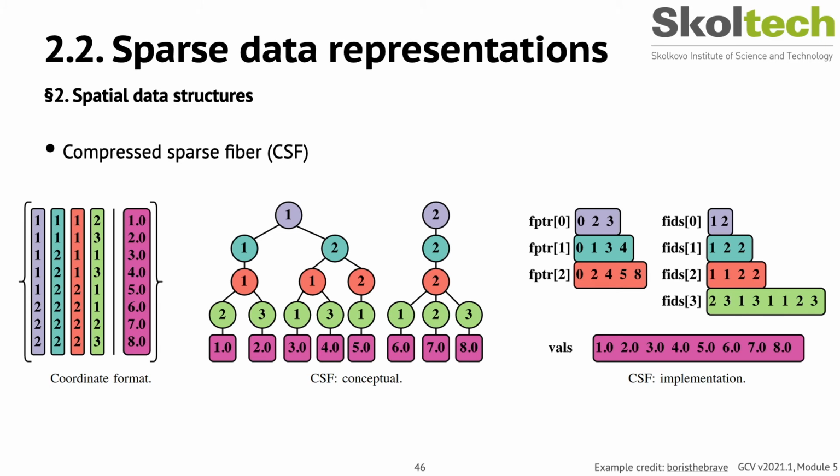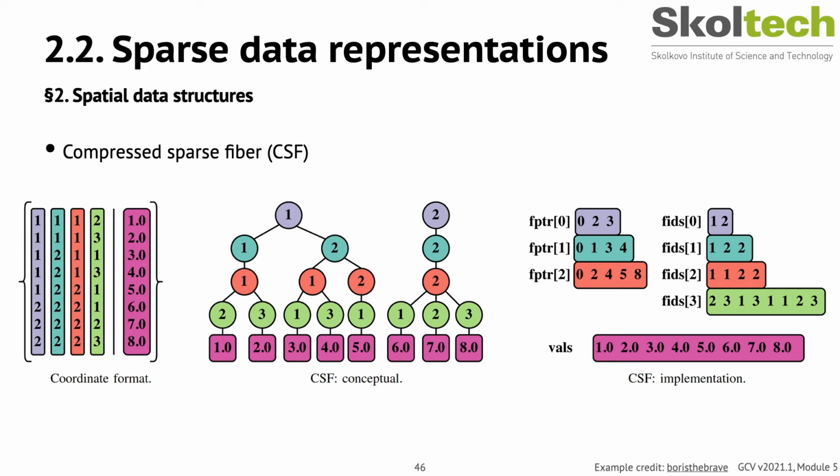The third one that is commonly used is something called the compressed sparse fiber, or CSF. To obtain this kind of format, we use compression on the first dimension and then group each of the values by their first dimension index.